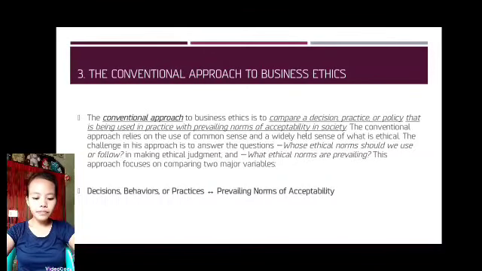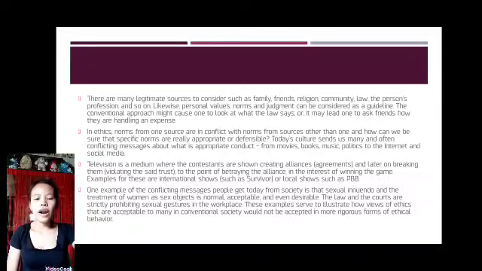There are many legitimate sources to consider, such as family, friends, religion, community, law, the person, professions, and so on. Likewise, personal values, norms, and judgments can be considered as a guideline.